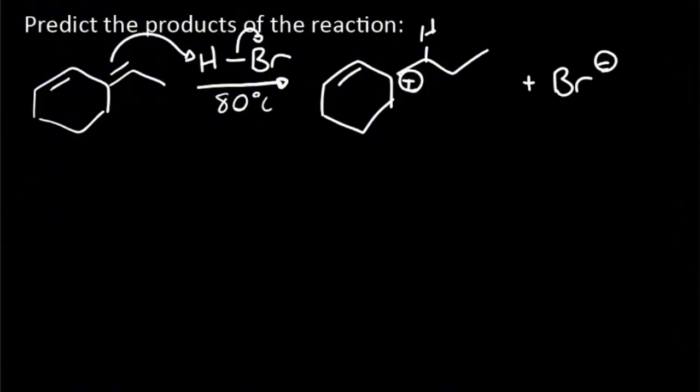So why did we put the carbocation here and not, I don't know, here, here, or here? Well, we choose to put it in the spot that would be the most substituted. So that is why we're going to put it in the tertiary carbocation spot.